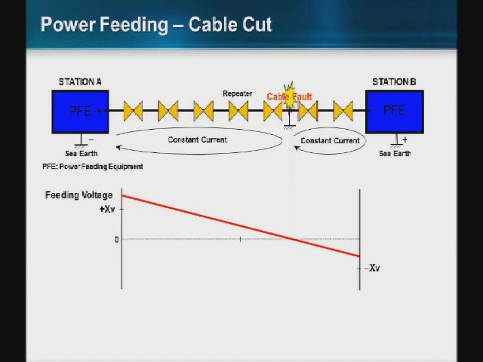The PFE has to recorrect to maintain a constant current on both ends and maintain a constant voltage drop across each repeater for two main reasons. One is to protect the repeaters from damage from too high voltage levels. And the second is, in the case of a shunt fault, you can actually maintain service on the surviving fiber pair that's unaffected.